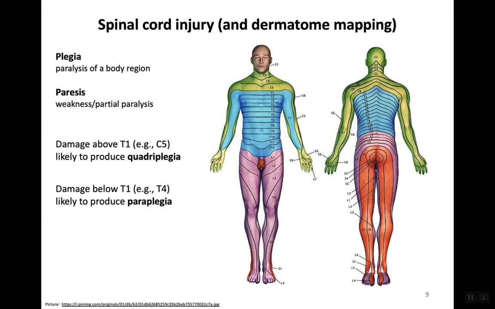However, if the damage occurs below T1, let's say the level of T4, then this is a lot more likely to produce paraplegia, or inability to move the legs while the arms might be left intact in their functionality. And we talk about the limbs in this case, but the functionality of trunk movement might also be impaired or lost in both of these cases.